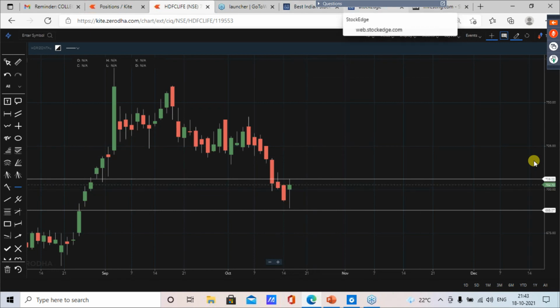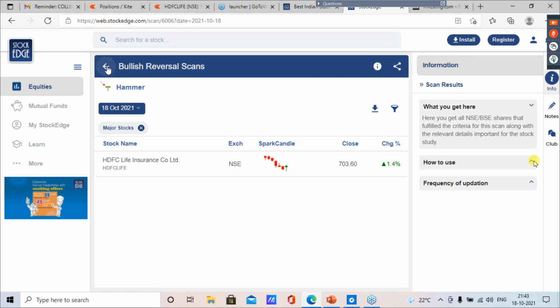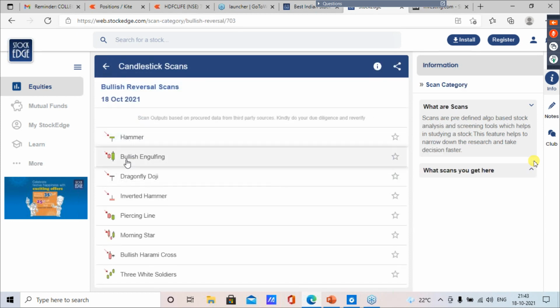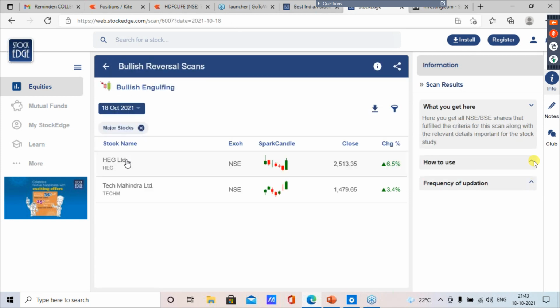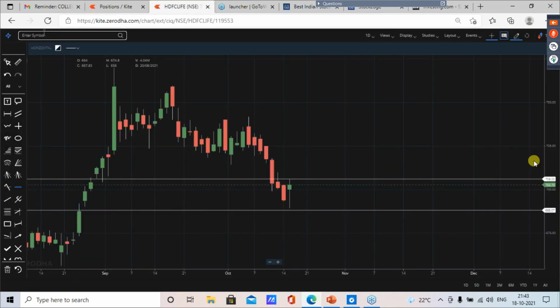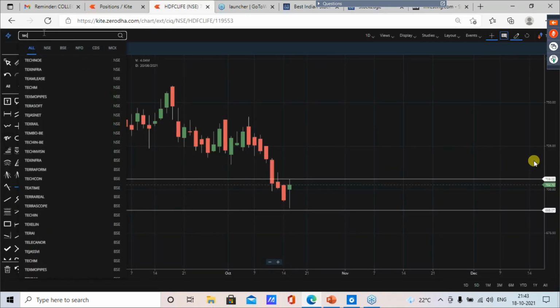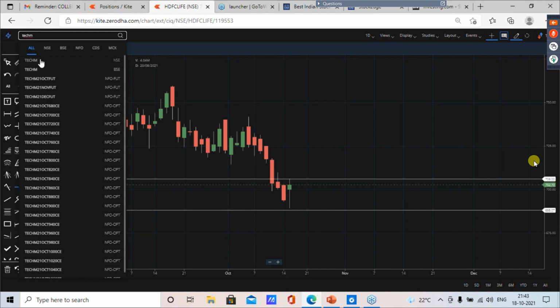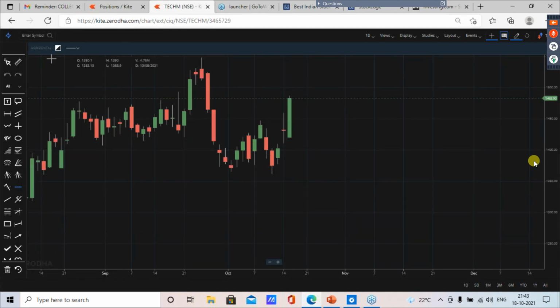Okay, and we'll see, do we have any other examples? So bullish engulfing, HCL Tech, Tech Mahindra. So this bullish engulfing is not occurring at the bottom, so we are not taking it into consideration, right?